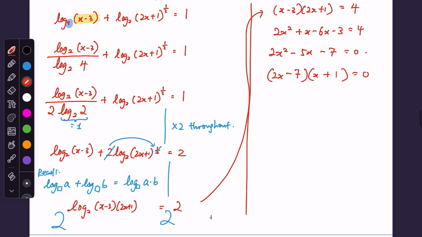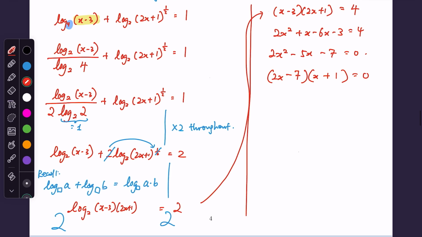This is simply guess and check. You guess what's inside the brackets, and you expand it out in your mind to check. So this is the correct way to factorize. You can expand it out to check if you want to, but just trust me for now. So this will be x equals 7 over 2 or x equals negative 1.